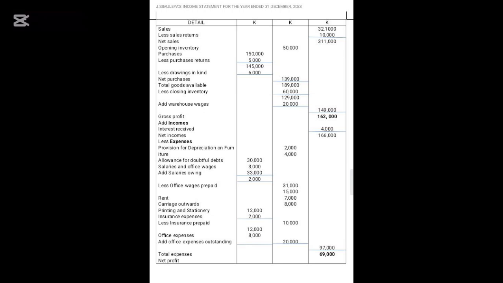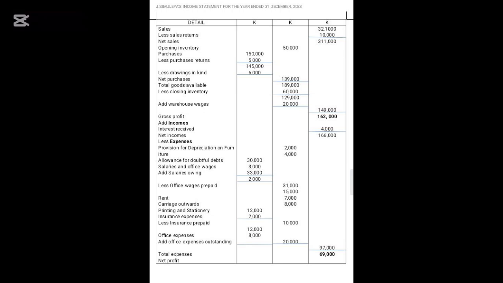Then we subtract from the net sales, minus 149,000, to give us 162,000 as our gross profit. To the gross profit, then you add the incomes which you have been given. Under the incomes, you must first check for the incomes in the rest of balances.